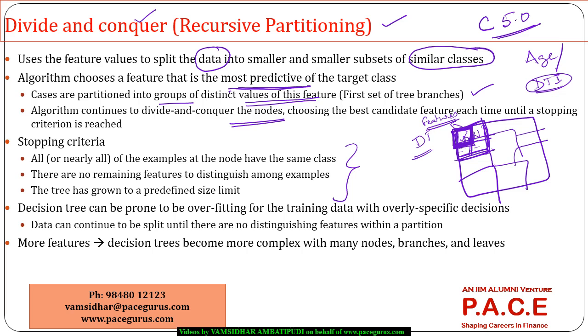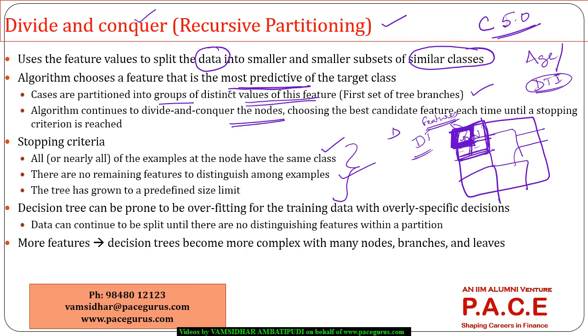When this is the subset that is created, almost all the elements of this subset belong to the same class. All the cases in this particular subset are all defaulters. Then I will not divide the data any further, so this part is left like this.